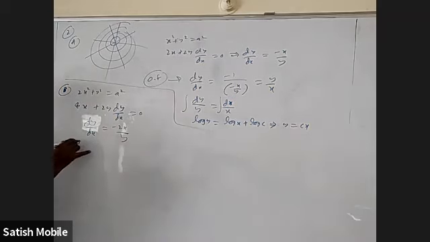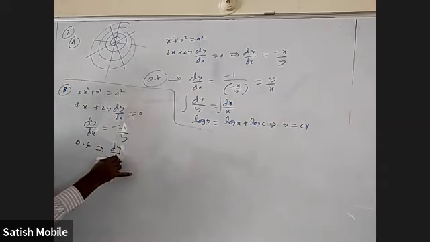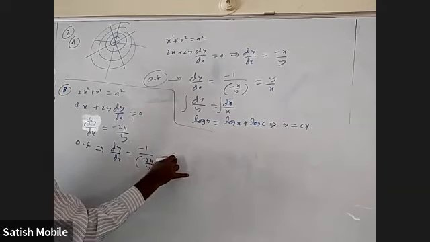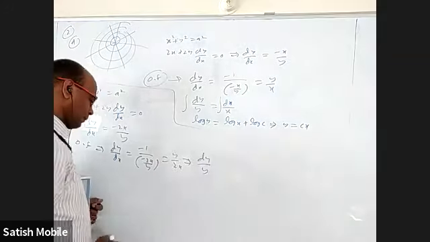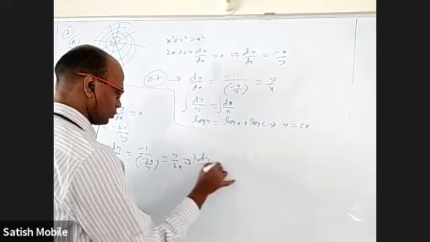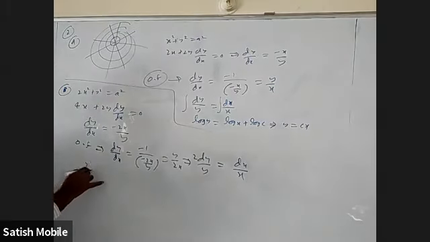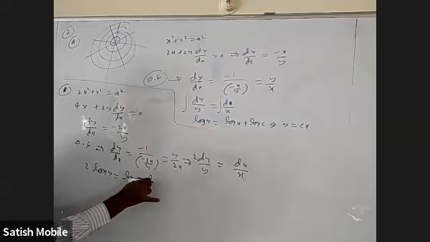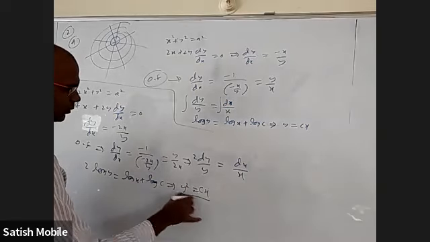Then for the orthogonal family, dy by dx is minus 1 by the reciprocal of this, which is y by 2x. You can write dy by y with that 2 equal to dx by x. This is 2 log y equal to log x plus log c. That is y square equal to cx, a family of parabolas.